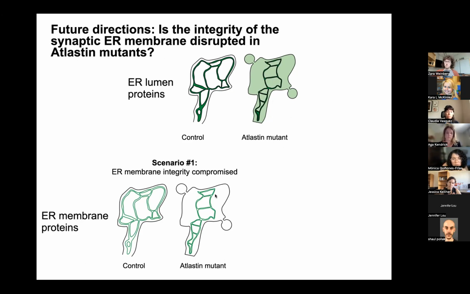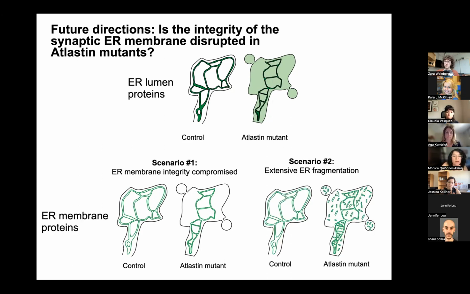And if I don't observe cytosolic labeling, it would suggest that the integrity of the ER membrane is compromised in these mutants. However, another scenario is that the ER is highly fragmented in this mutant, and at the resolution of our system, it appears as cytosolic labeling, as seen with the luminal ER marker.